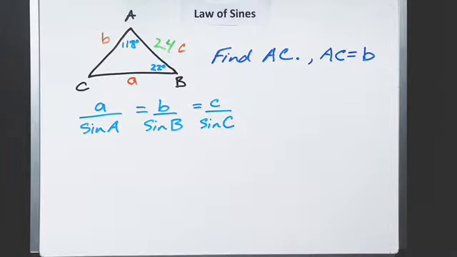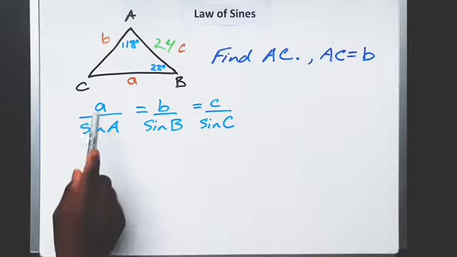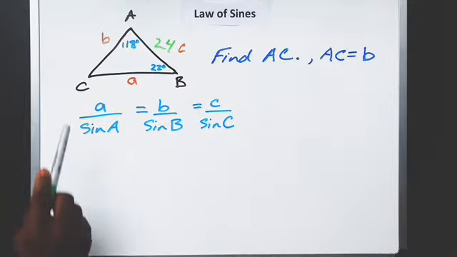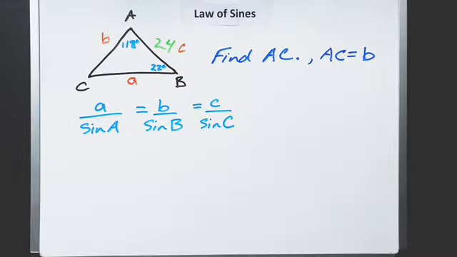You have to look at what's given, and then you choose the proportion. This is a proportion where you have two equivalent fractions. You set up a proportion and solve for the missing side b.